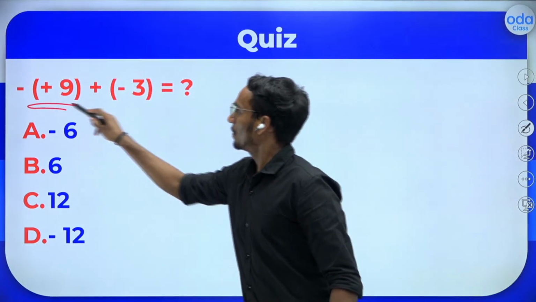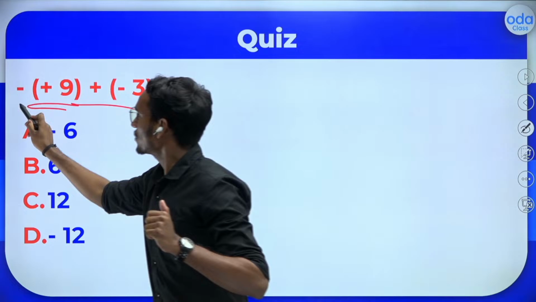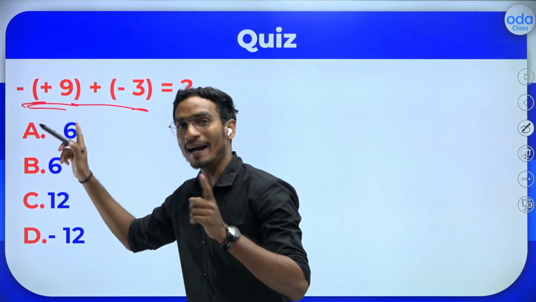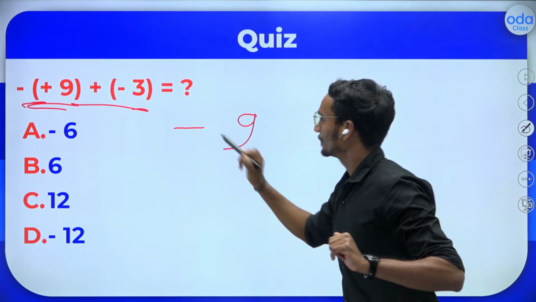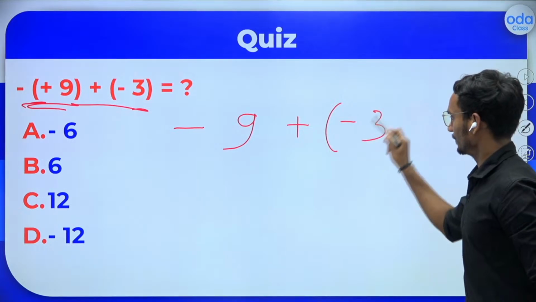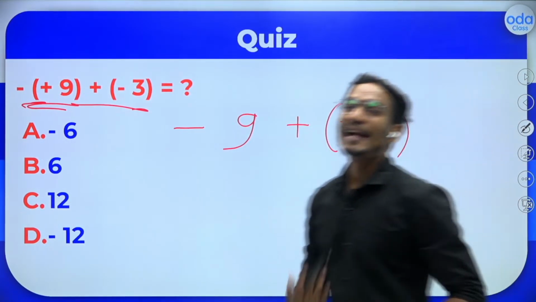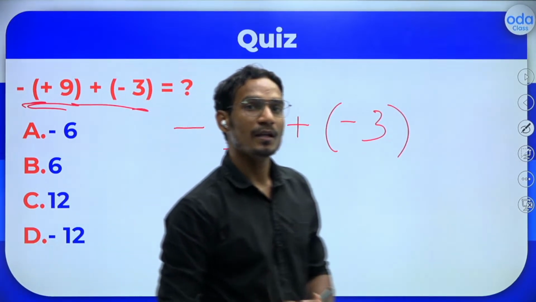-+9 + -3. Again, you are having two signs together, different signs, minus plus, that is minus, it will become -9 plus -3. When you are adding two integers having the same signs, मतलब दोनों negative है, what we do?